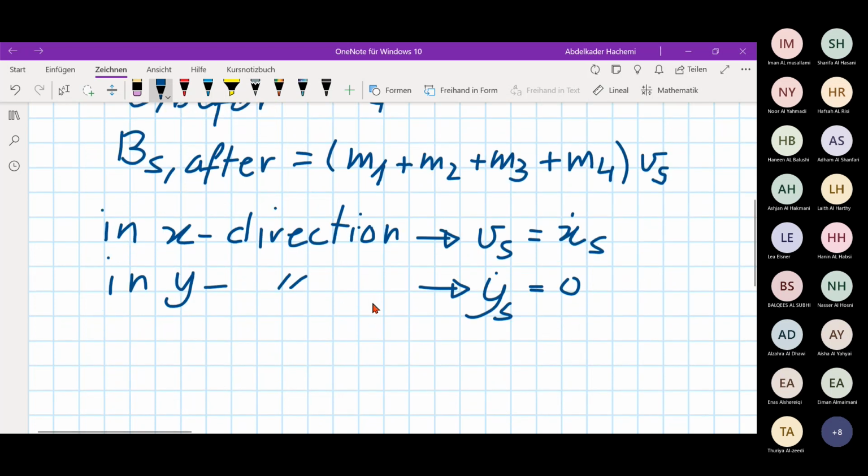There is only the velocity along the X direction.